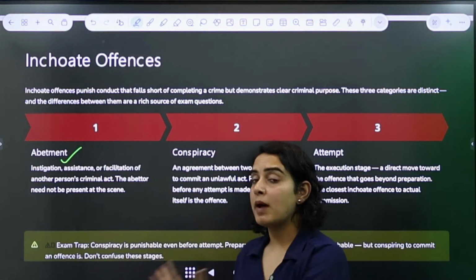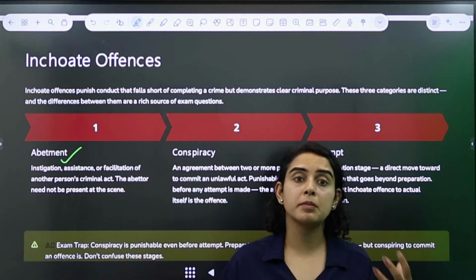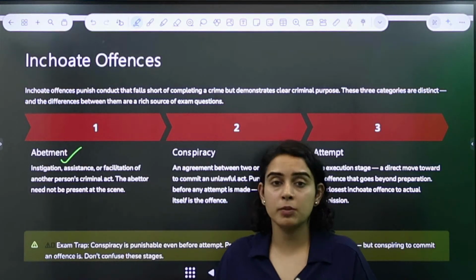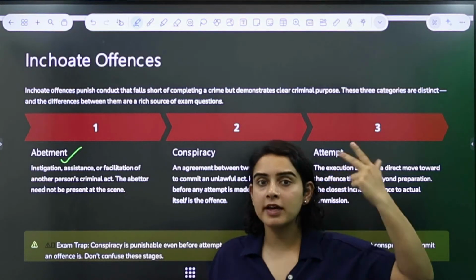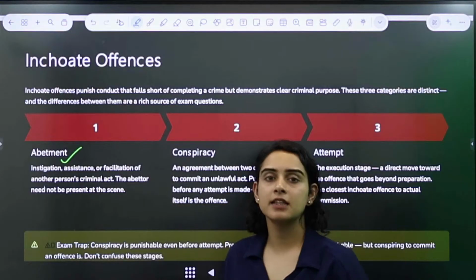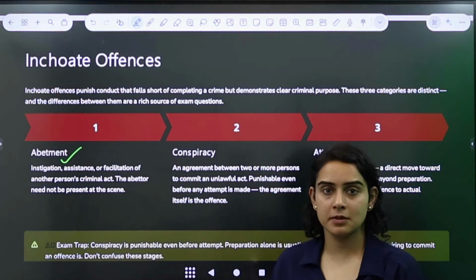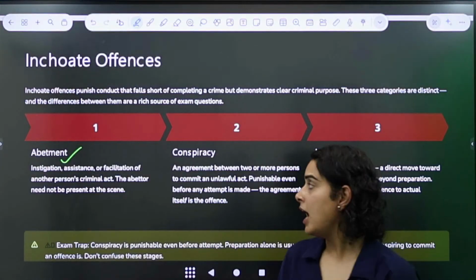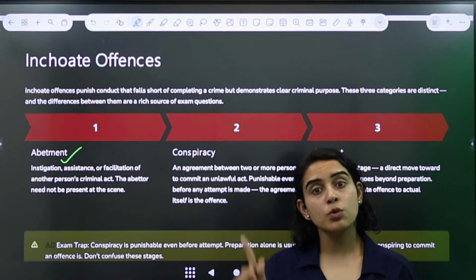That is going to manipulate or brainwash the other person, and the other person might get provoked or agitated and probably will form a guilty intention of killing the other person. So in that case, I have instigated the other person, I've triggered him in some way, and that's called abetment, right?